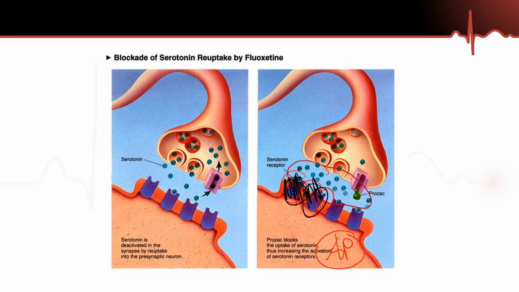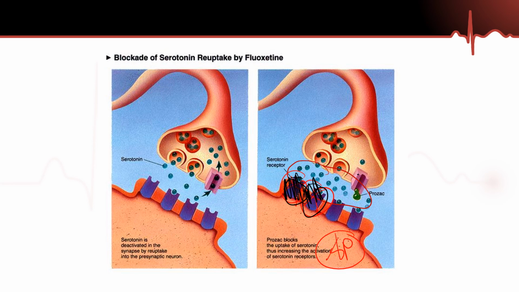If you expose a cell to an excessive quantity of a chemical messenger, that cell will downregulate the number of receptors that it has for that chemical messenger because, no matter what you think about it, the cell is viewing this as an excessive quantity of a given chemical messenger that's not supposed to be there.